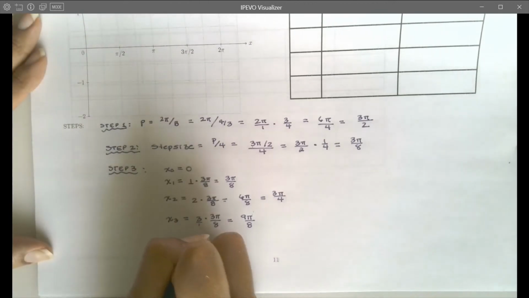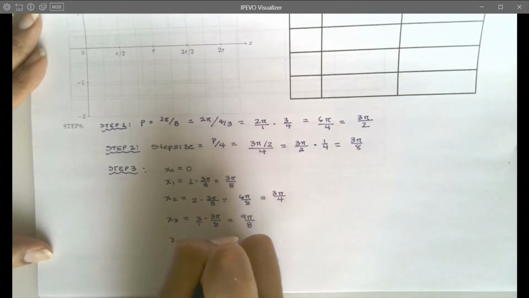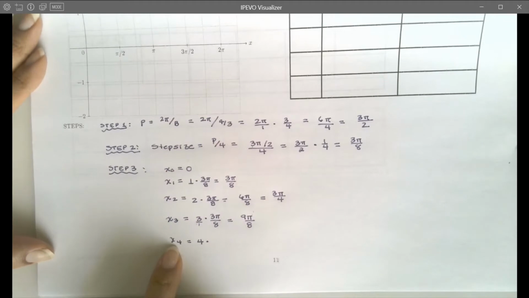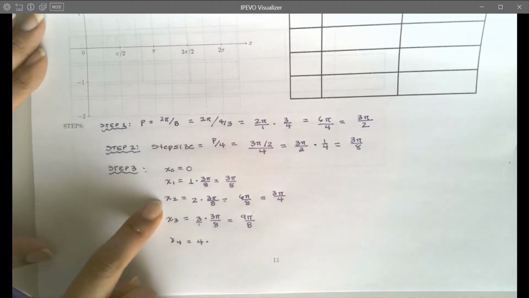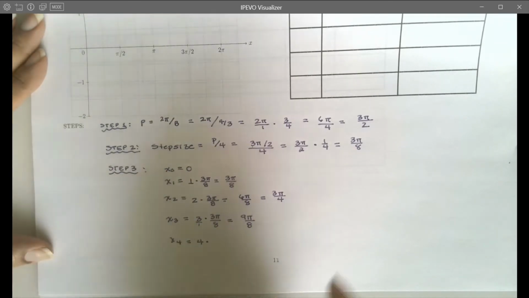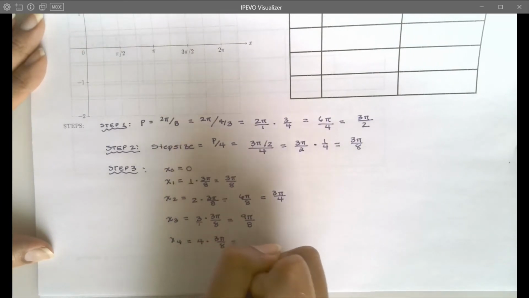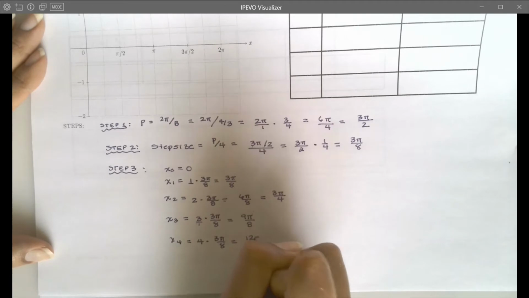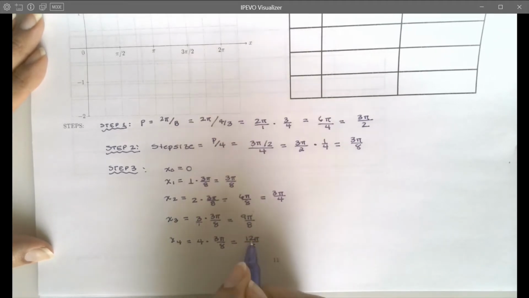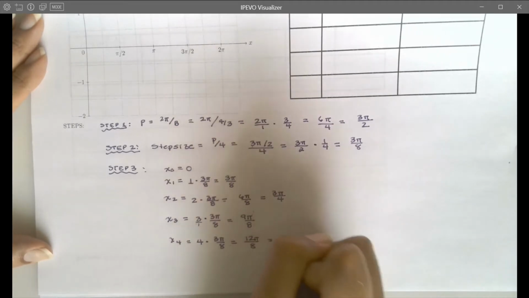And finally, x4, that's basically the last quarter. This is the first quarter, second quarter, third quarter, last quarter. 4 times 3 pi over 8 gives us 12 pi over 8, which when you reduce by 4 will give you 3 pi over 2.